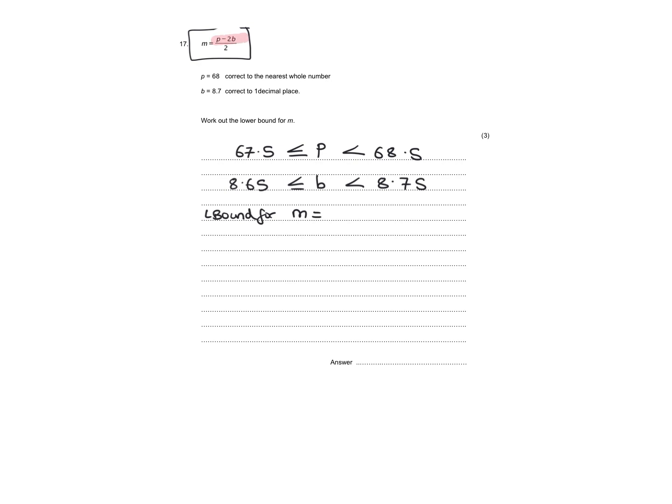If we want to make that as small as possible, that means we want the smaller value for p, which is of course 67.5, and we want to subtract from that as much as possible, so we want to use the larger value of b. So we want to use the smaller value of p first of all, which is 67.5, and from there we want to subtract 2 multiplied by the larger value of b, which is 8.75, and then we want to divide the whole thing by 2.